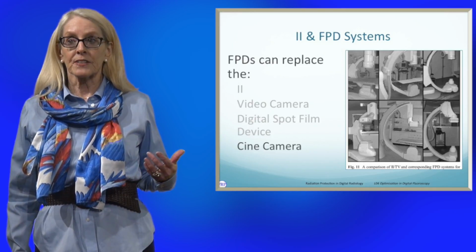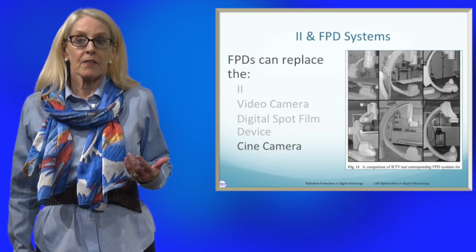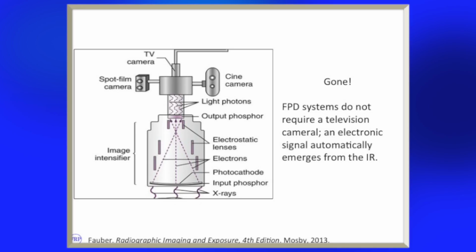The flat panel detectors take care of that. They do it all. If you look at this image, you can see the II, and on the very top with the II, you have all of these attached. With the FPD, you don't have any of it. They're made just by being what they are, turning the X-ray into electronic information, to be able to handle all of this and do the same thing.